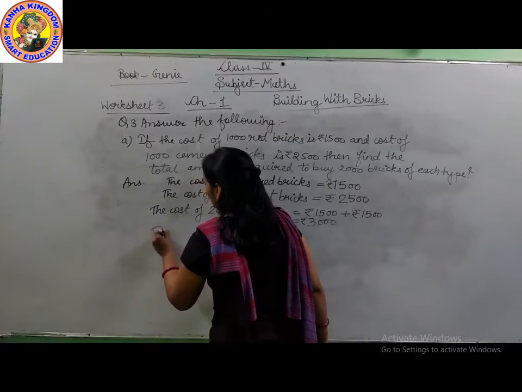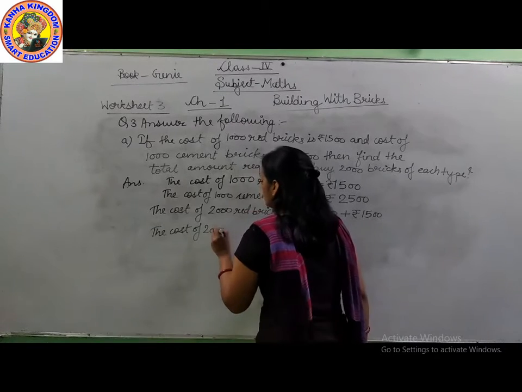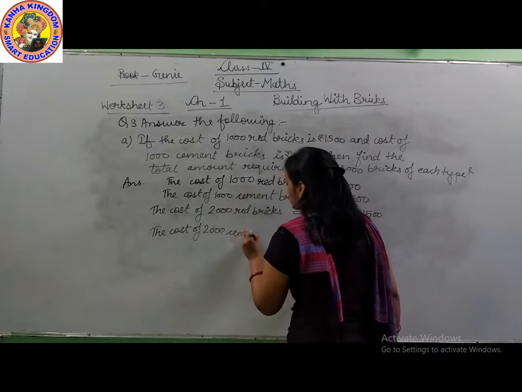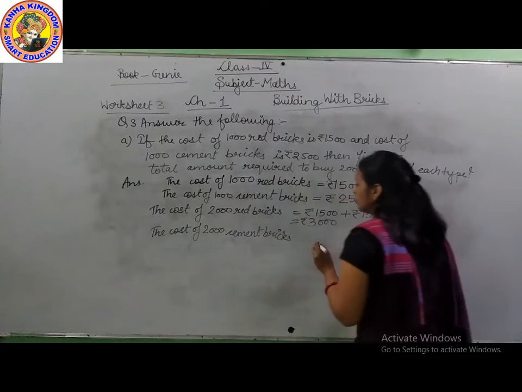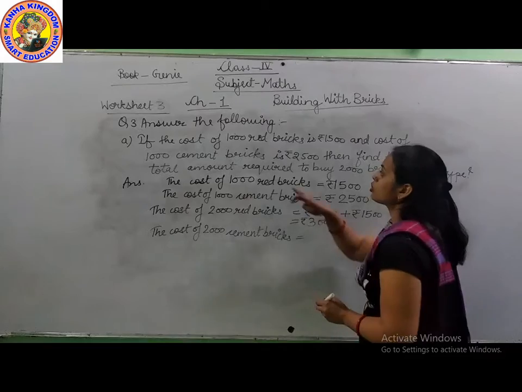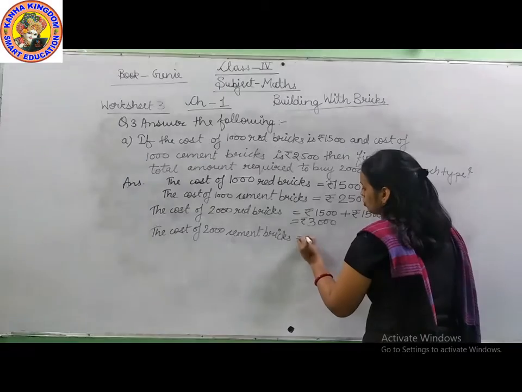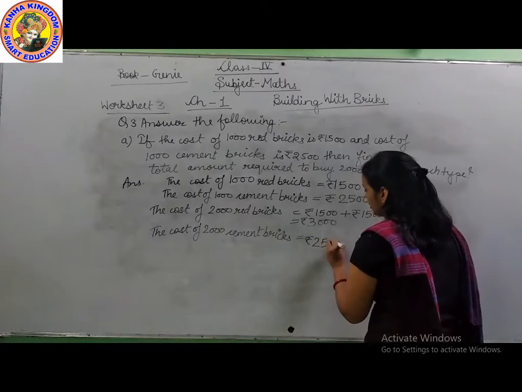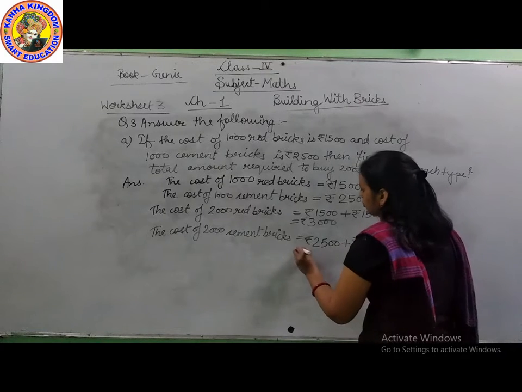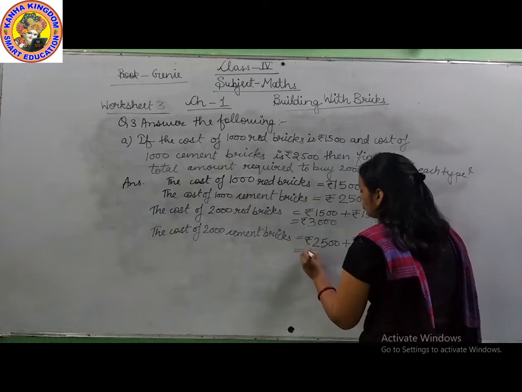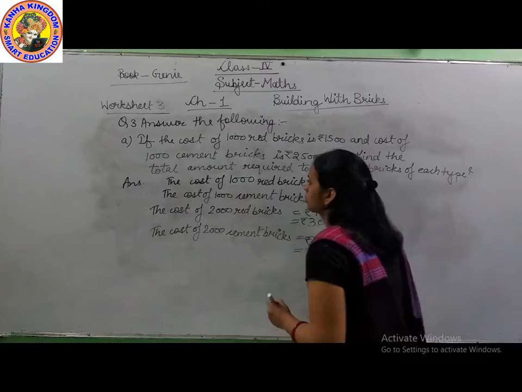Now the cost of 2000 cement bricks: the cost of 1000 cement bricks is 2500, so 2500 plus 2500 equals rupees 5000.